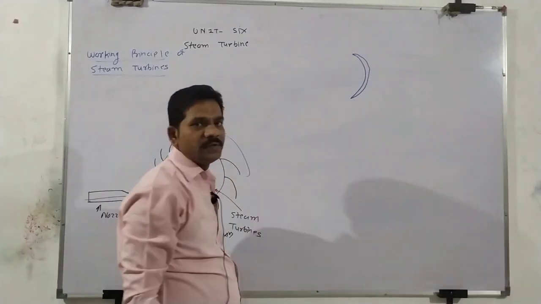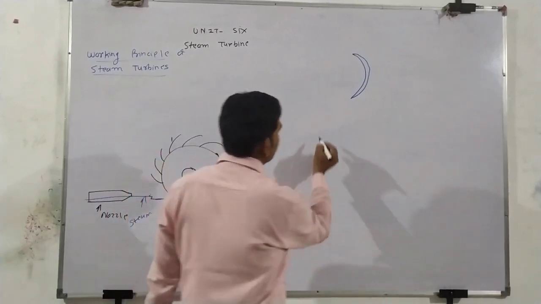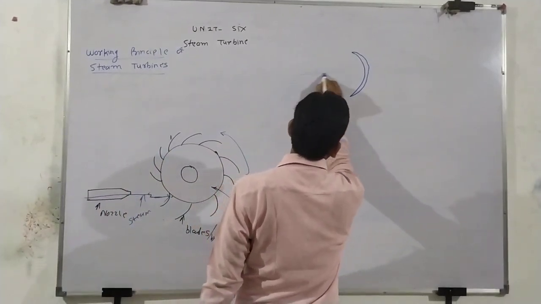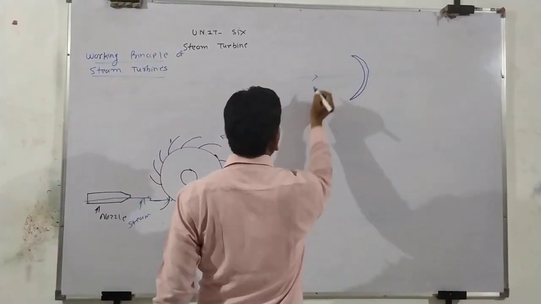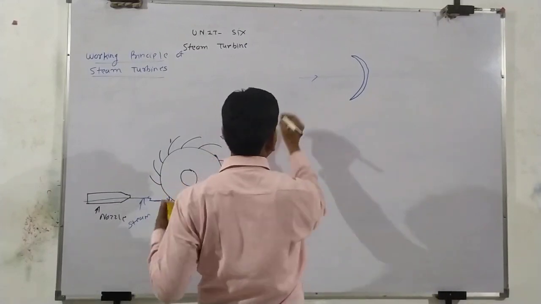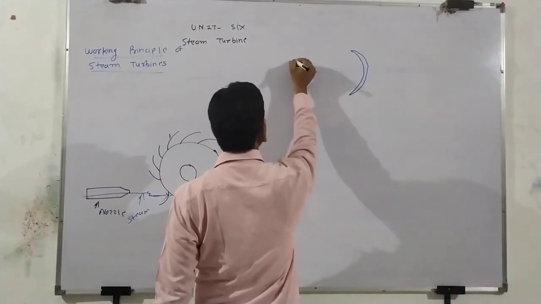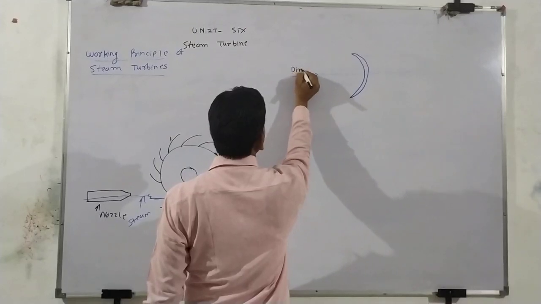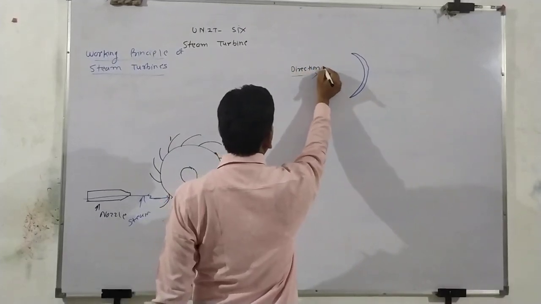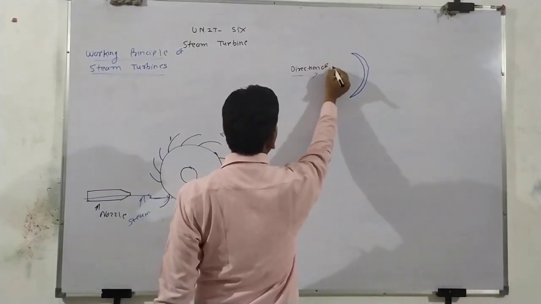This is one blade of the turbine, right? Then this is the direction of the blade.